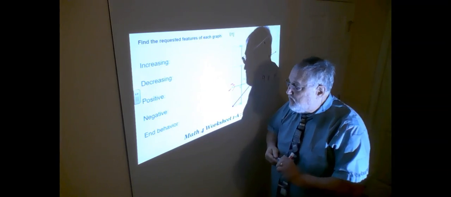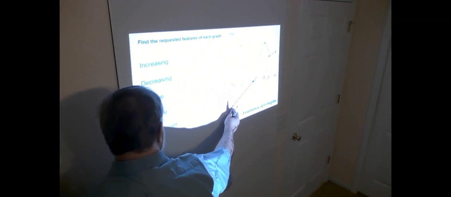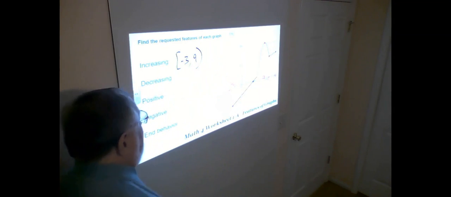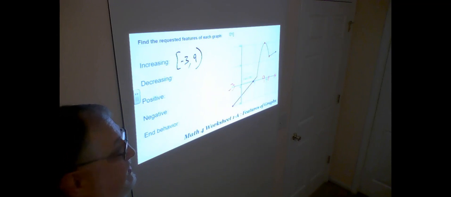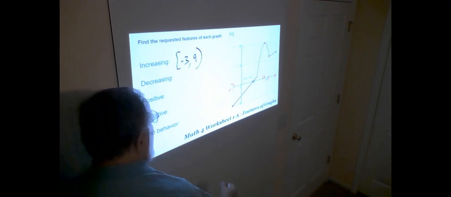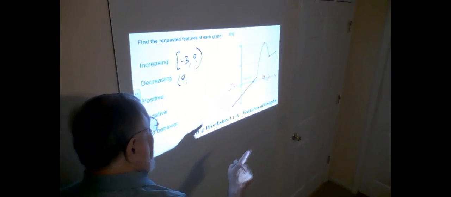So we're going to say we are increasing. We can point to here and say it starts down here where it's -3. But by the time it gets up to 9, 9 is a place where it's not going up or down. So I got to put a rounded circle. It's like an open circle up there. And then decreasing, I pick up from 9 and I go over to 11.